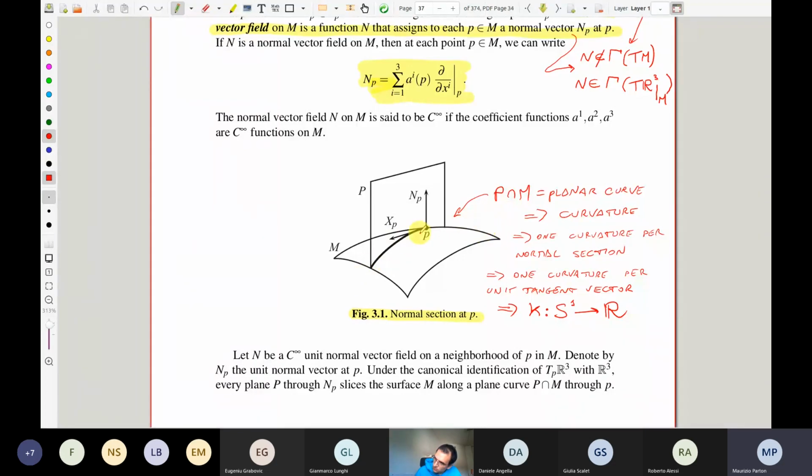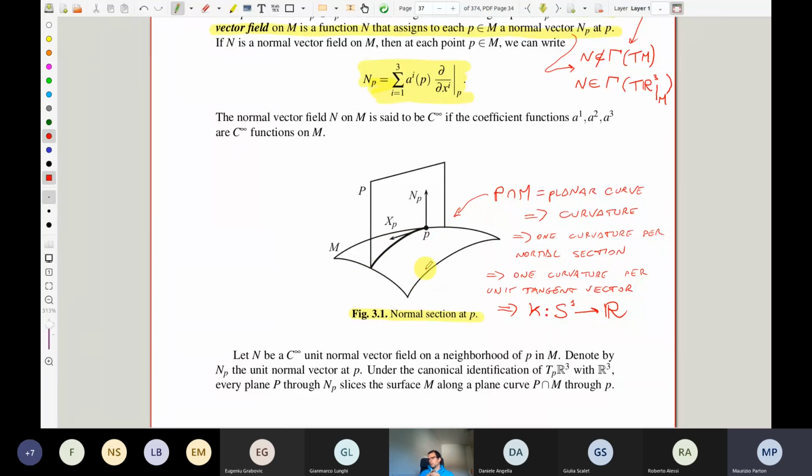I can say how much this line is curved, and so I just build geometrically this line. I do this for every line, and then I say something, okay? So I will have a lot of numbers telling me the surface in this direction is curved 3. The surface in this direction is curved 4, and so on, okay?